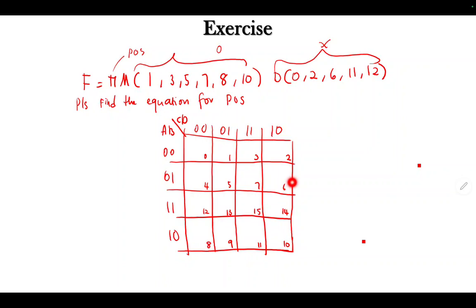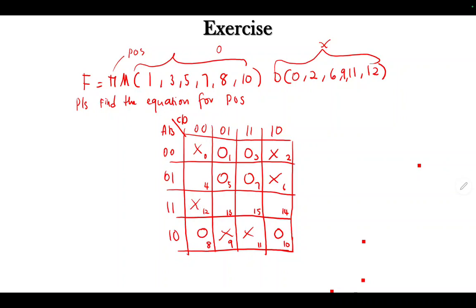Okay, now locate 1, 3, 5, 7, 8, 10. Right? So maybe we can place another here. Alright, 0, 2, 6, 9, 11, 12. Okay.